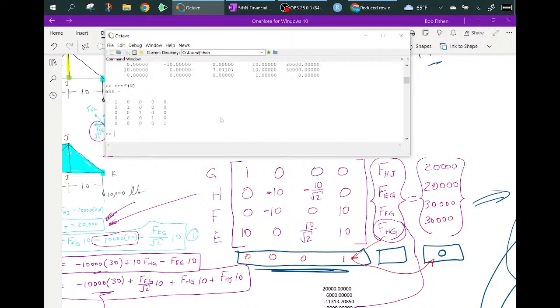Now, what it does, so it didn't give me the answer, but what it told me is that I can actually solve that. So let me see if I can. Or I could just take that complete row out. That's the other thing I could do.